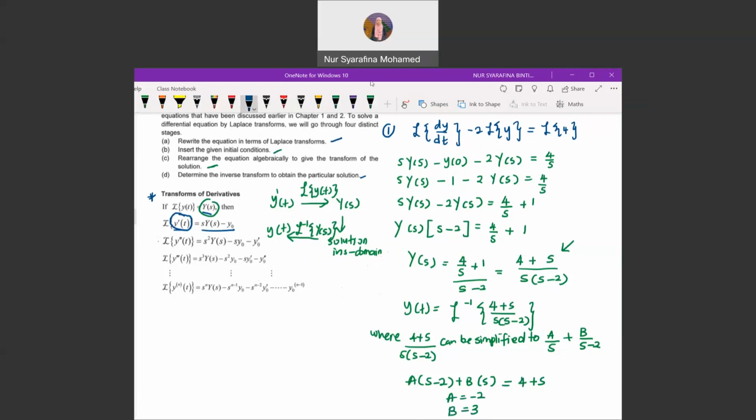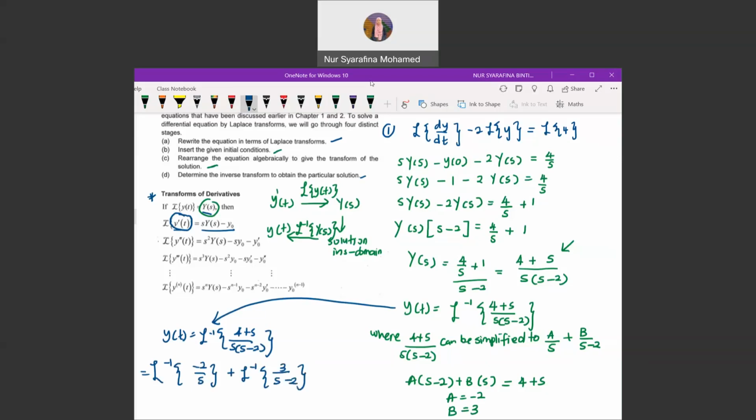So in order to find y(t), instead of inverse transform of 4 plus s over s minus 2, now we inverse transform of minus 2 over s plus inverse transform of 3 over s minus 2.